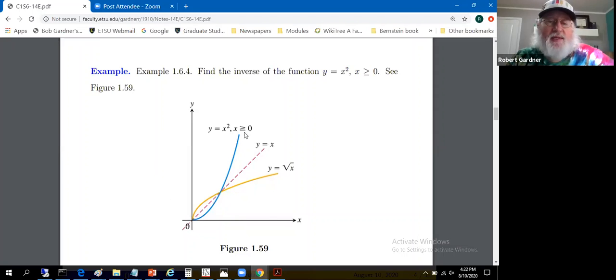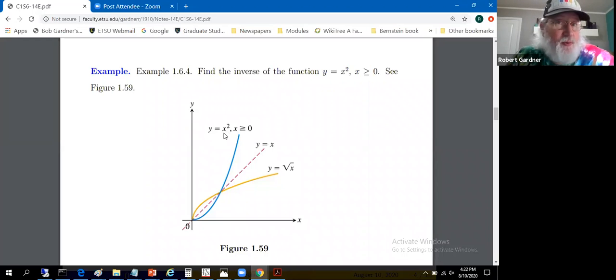But a parabola is not one-to-one. We had a picture of that not long ago. A parabola will violate the horizontal line test, so it's not a one-to-one function, and it doesn't have an inverse. The squaring function by itself doesn't have an inverse function because it's not one-to-one. So we can't consider just y equals x squared.